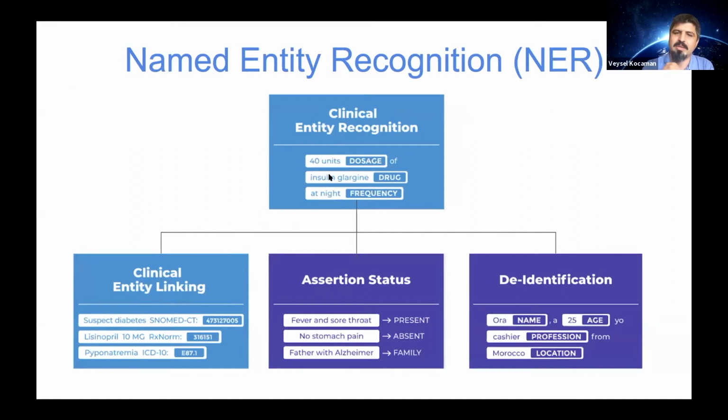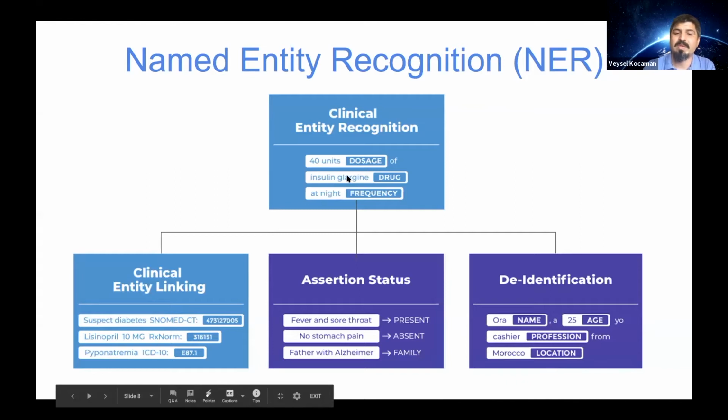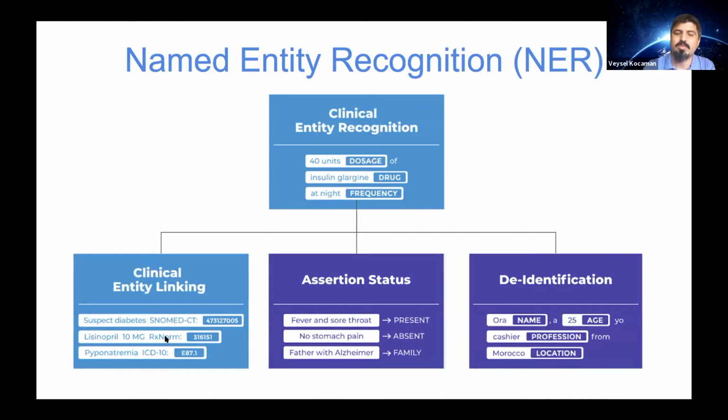For example, a posology NER, like a medication NER, gives me 40 units as a dosage entity, and then I use that for the dosage and then get the RxNorm code, for example. Or if there's a drug name here, I get the RxNorm code for that.